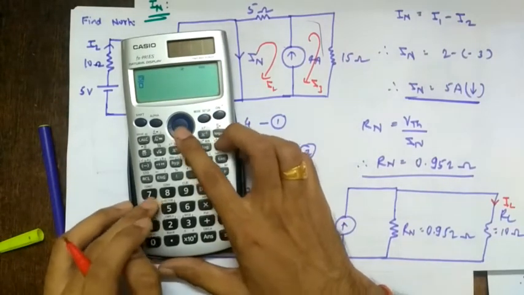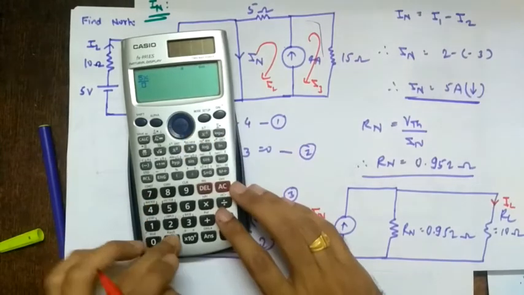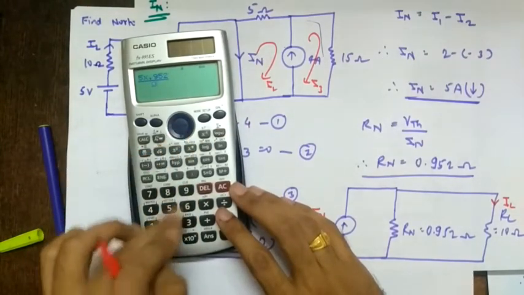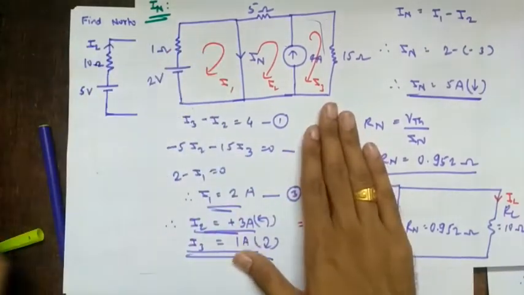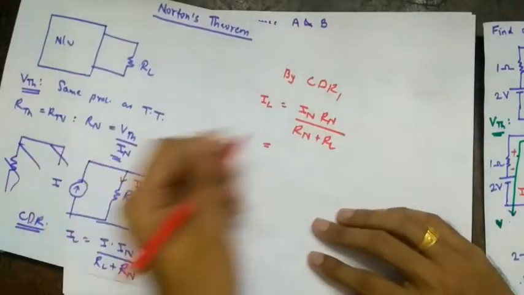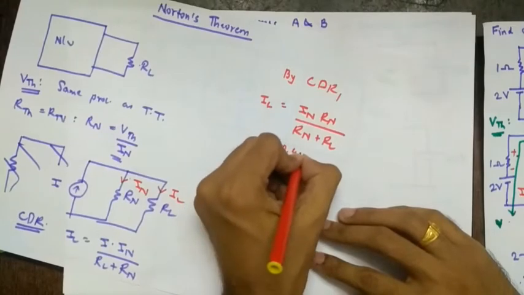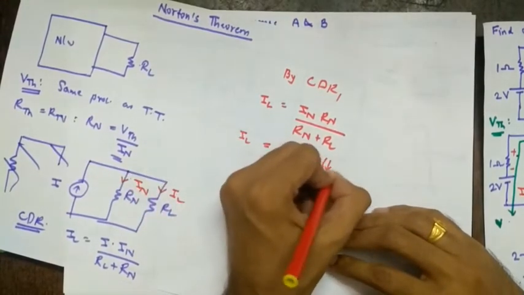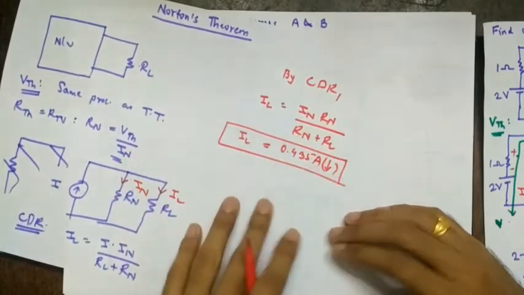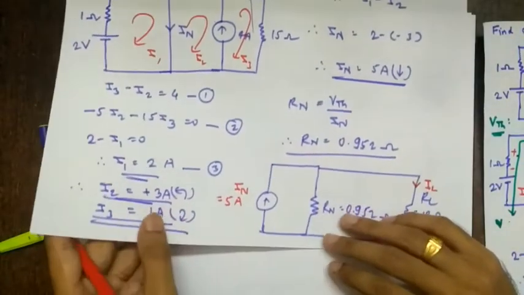So 5 into RN, RN is 0.952, upon RN 0.952 plus RL which is 10. So 0.435 amperes. IL going downwards. So this is the final answer. Right? So this is the current through 10 ohms.